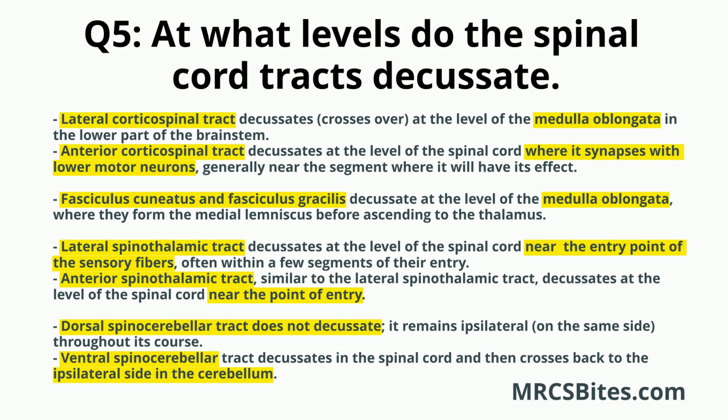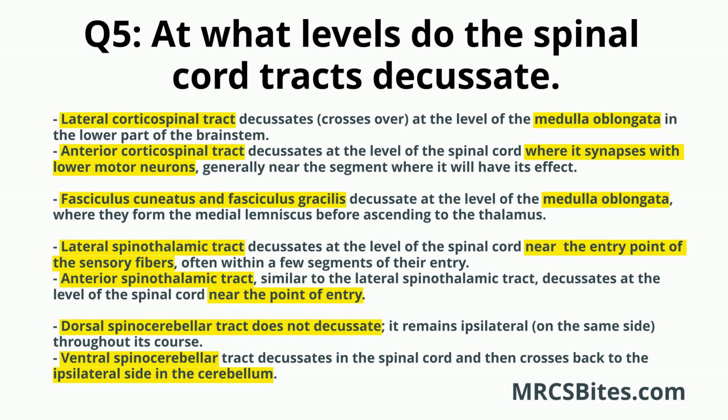Fasciculus cuneatus and fasciculus gracilis decussate at the level of the medulla oblongata, where they form the medial lemniscus before ascending to the thalamus. Lateral spinothalamic tract decussates at the level of the spinal cord near the entry point of the sensory fibers, often within a few segments of their entry.